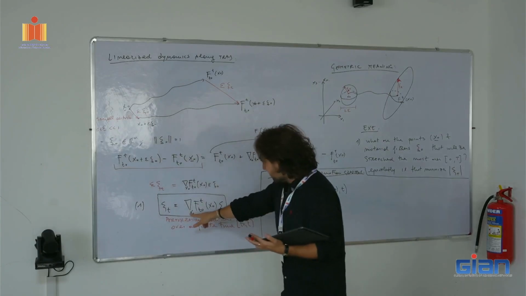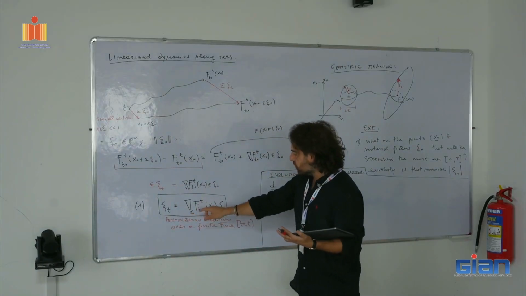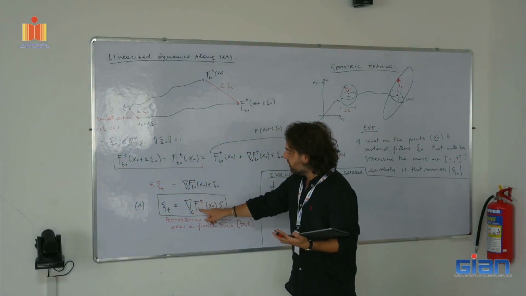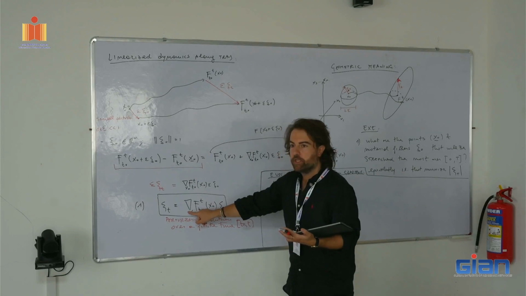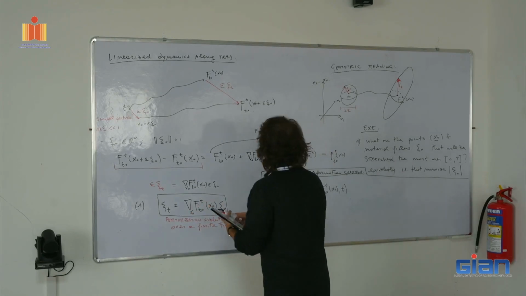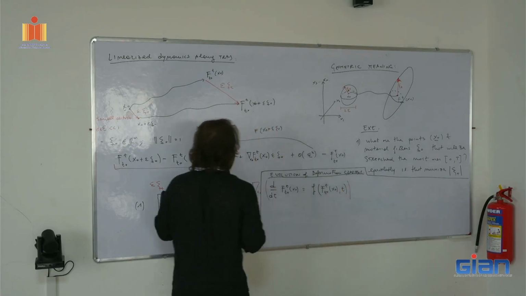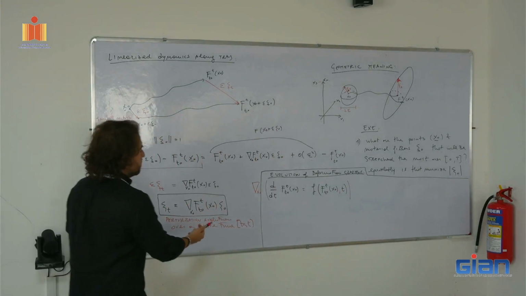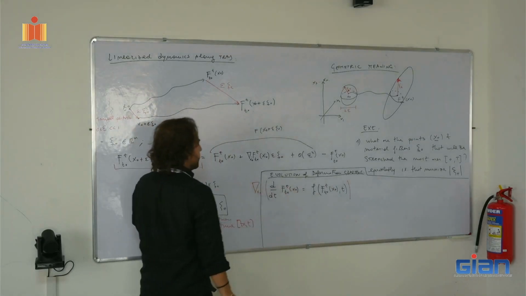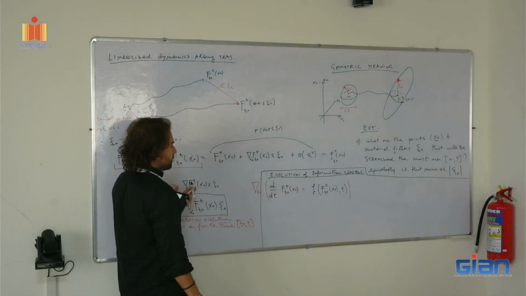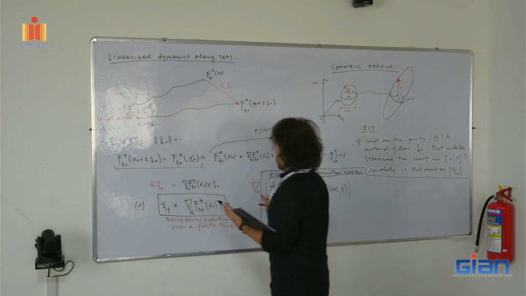I already know here I want to have some sort of equation for the derivative of the flow map with respect to the initial condition. So you're gonna hit this guy with nabla with respect to the initial condition. Okay, and what can you do here? I can just flip the order of differentiation of these two.